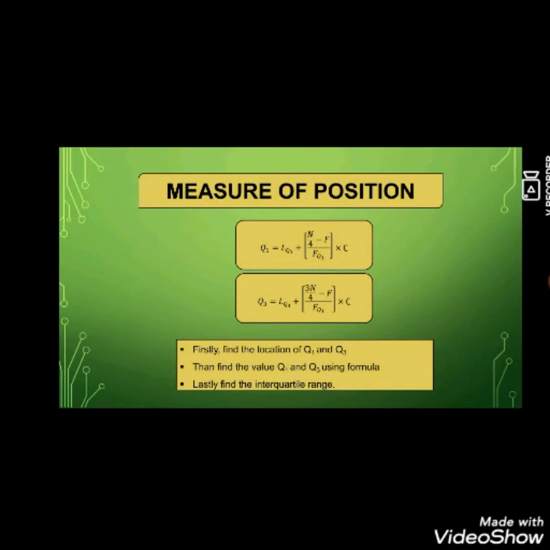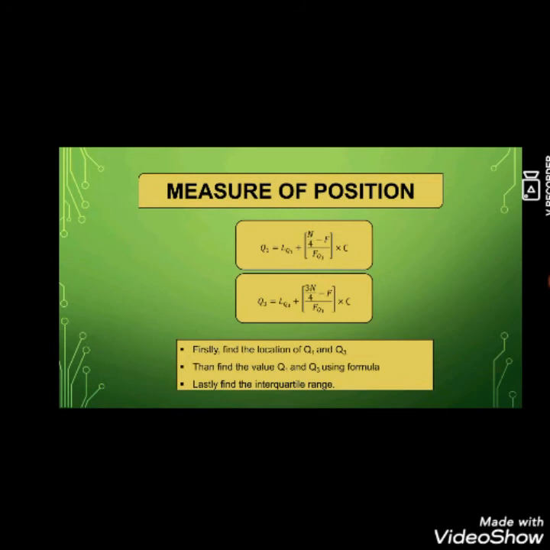After that, we find the value of quarter 1 and quarter 3 using the formula. And we got the answer for quarter 1, negative 20,993.5, and for quarter 3 is 5,526.5.